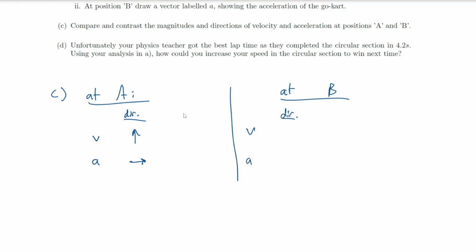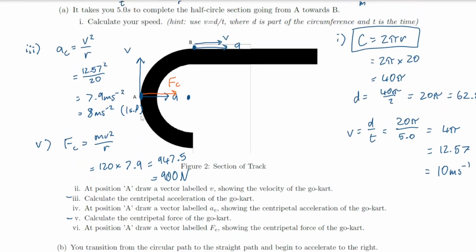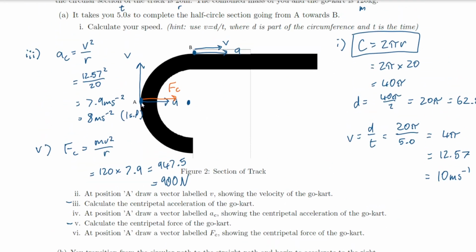So at position A, velocity is up, acceleration is right, for the circular motion. The magnitude of velocity is actually this over here, the speed. So the speed doesn't change, but what does change is the direction of velocity, as we go around the corner.